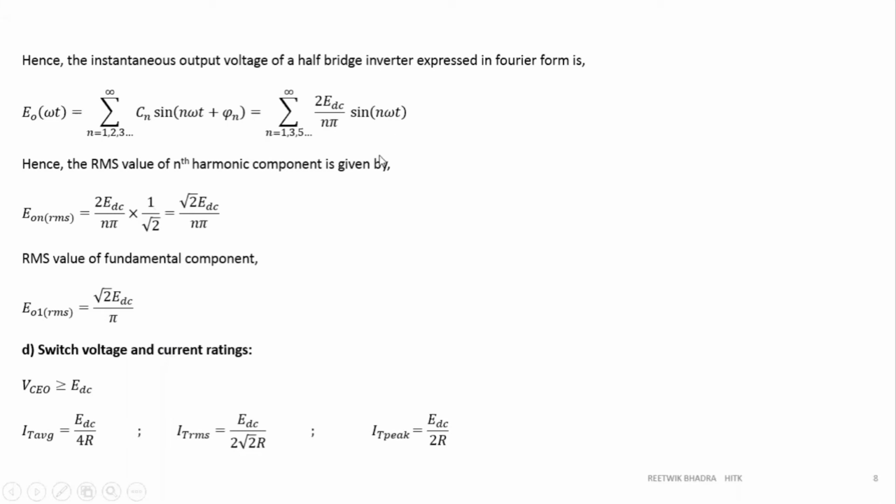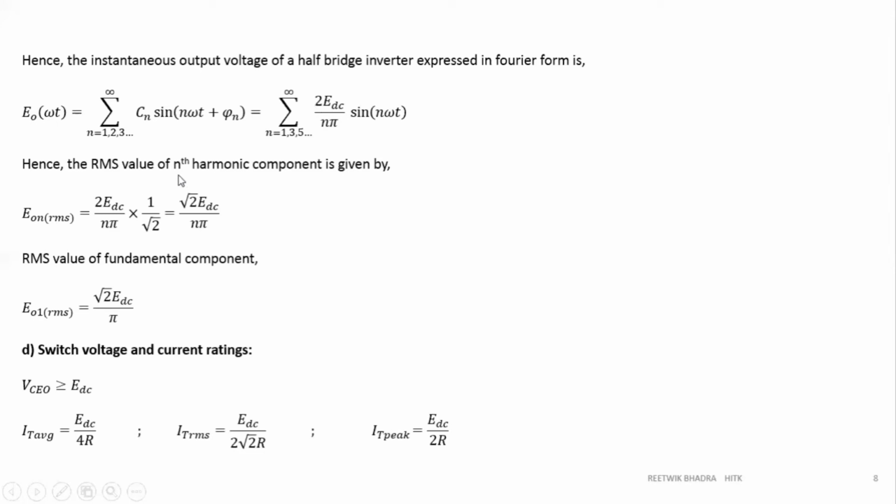Now from here an important question comes: this expression over here is nothing but Vm sin ωt, so this is the magnitude. You need to find out the RMS value, and since my output is sine, the RMS value of a sine wave is Vm by root 2.